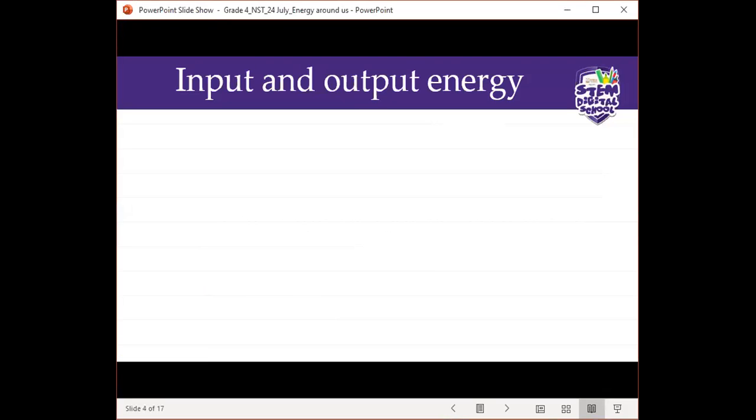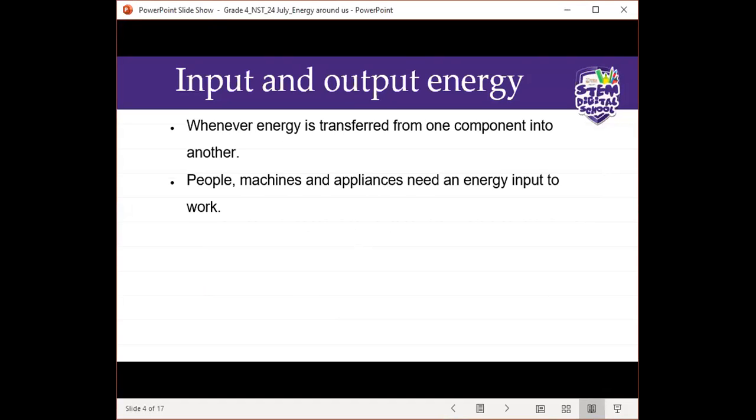Okay, then we looked at input and output energy. We said that whenever energy is transferred from one component to another, people, machines, and appliances need energy input in order for them to work. They also have an energy output that may be useful.